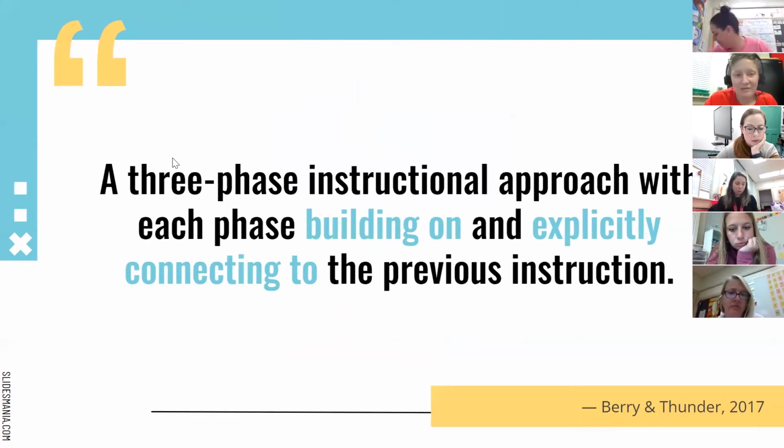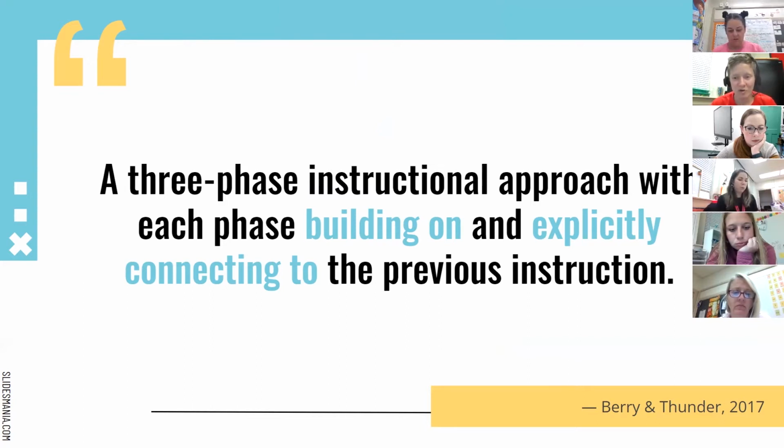So this particular definition comes from Dr. Berry at UVA and Katsiri Thunder, who is a teacher in Virginia, and they wrote an article in a Virginia Math magazine or journal that said, I like this definition. The CRA is a 3-phase instructional approach, with each phase building on and explicitly connecting to the previous instruction.